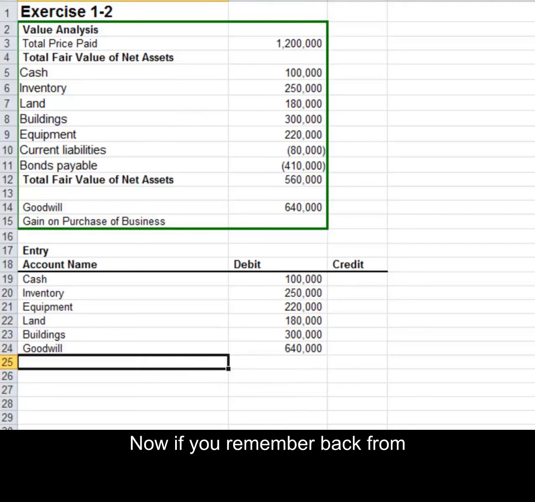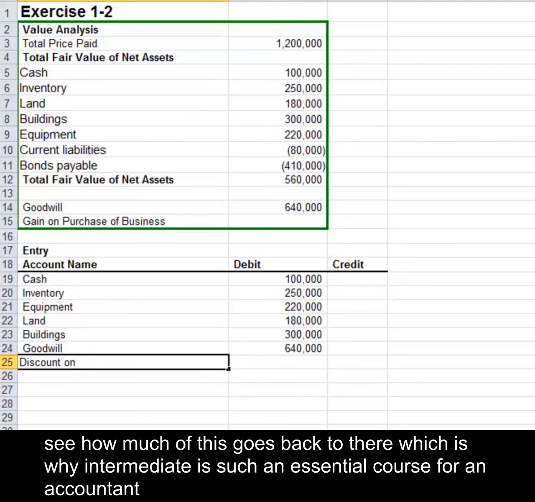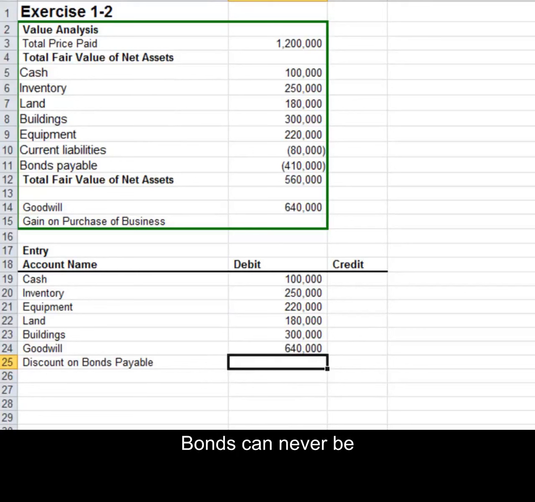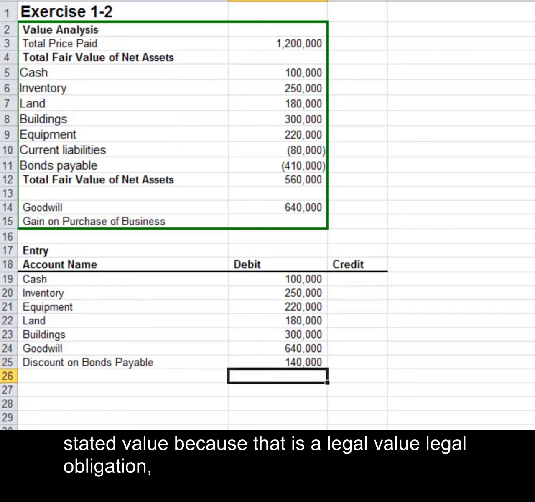Now if you remember back from intermediate again, see how much of this goes back to there, which is why intermediate is such an essential course for an accountant. Bonds can never be changed from their stated value, because that is a legal value, a legal obligation.